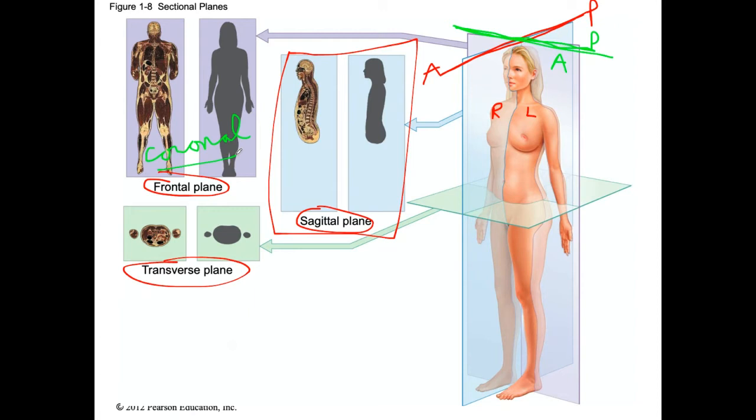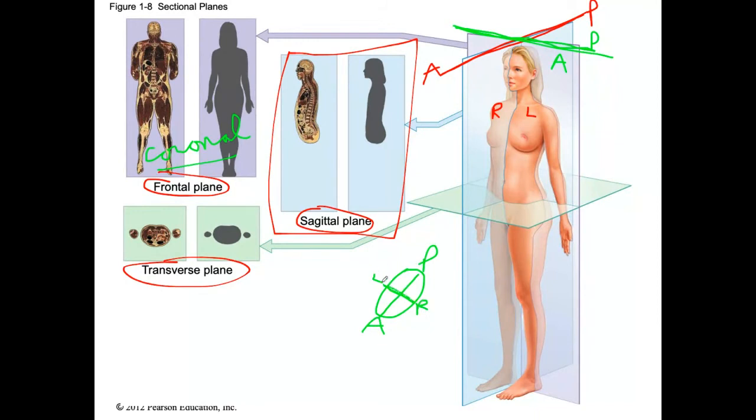This will be important because when we do osteology and we look at the top of the skull, let's say we cut the top of the skull like this, there is a line that runs this way called the sagittal suture, and then there's another one that goes this way from left to right. This is anterior to posterior.